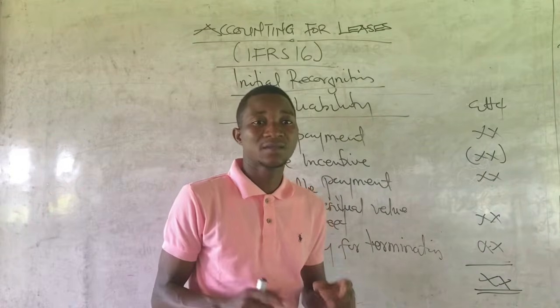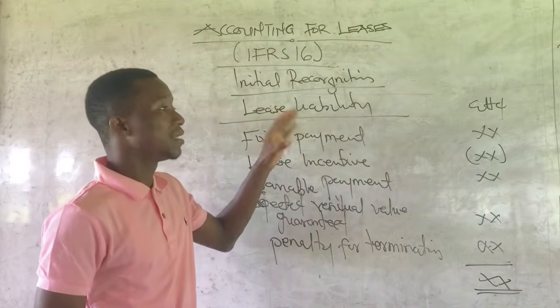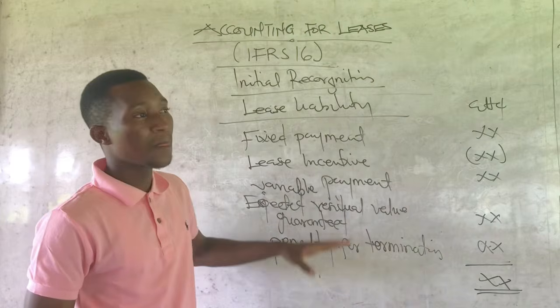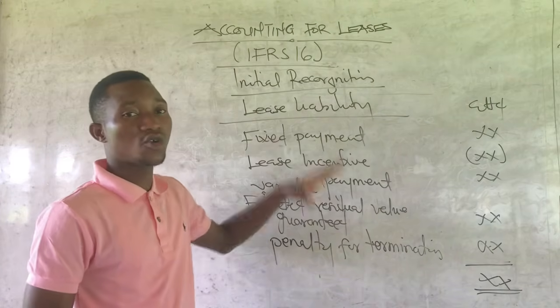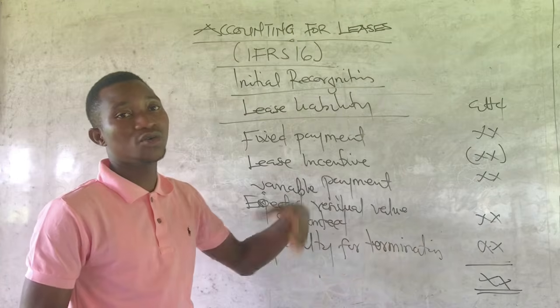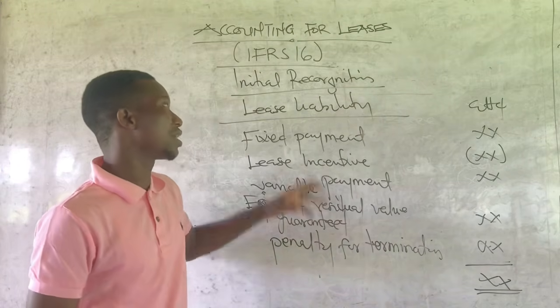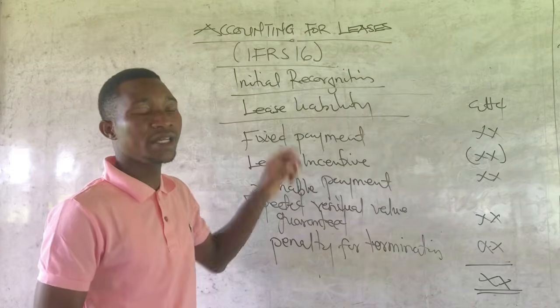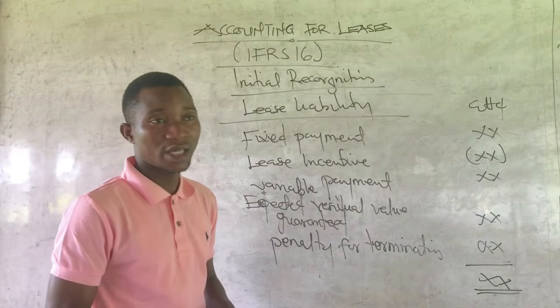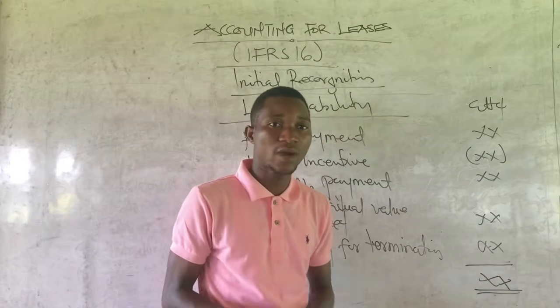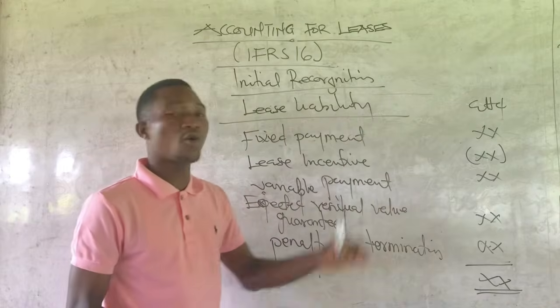But remember that when we were listing the components of right of use asset, there are so many components. So let's assume that all those components are not available, like initial direct costs incurred and all those other items. It means that the lease liability is supposed to be the right of use asset. So in some questions, the lease liability will be given to you straightforward, so you are not going to compute all this.